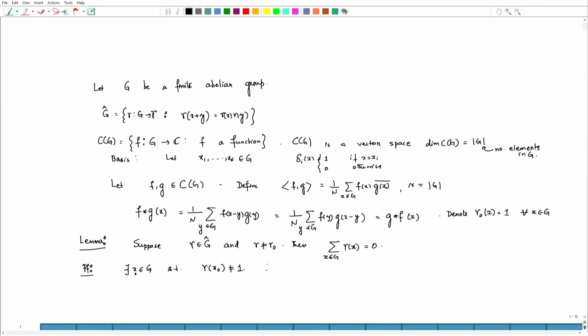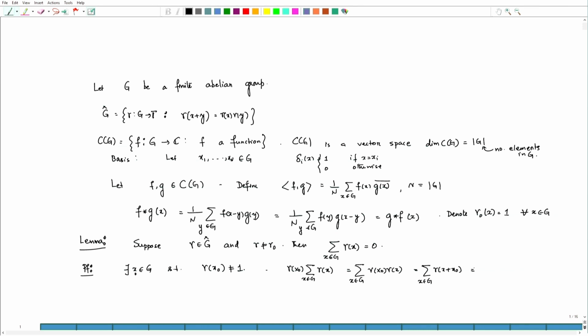So gamma of x naught times the summation over x in G of gamma of x becomes the summation over x in G of gamma of x naught gamma of x. By our definition gamma is a character, therefore this is gamma of x plus x naught.